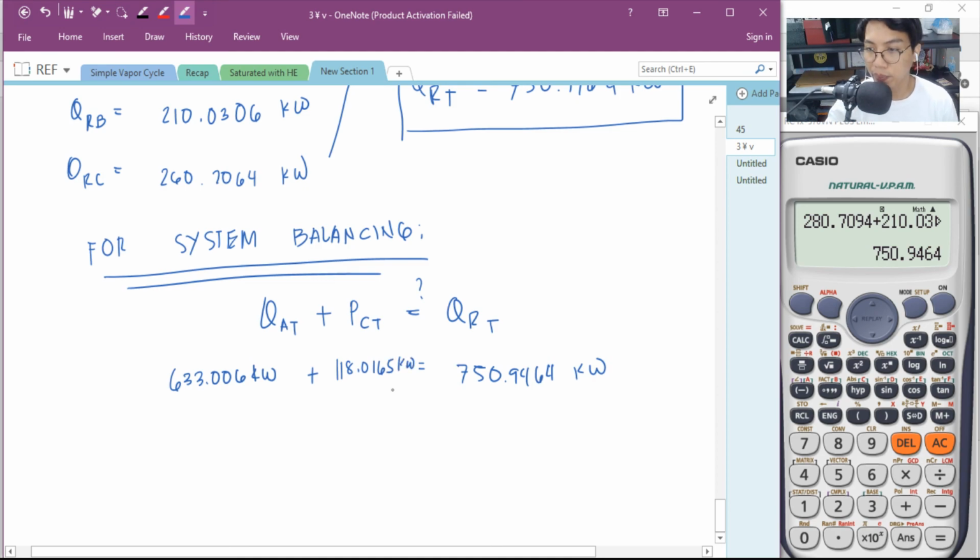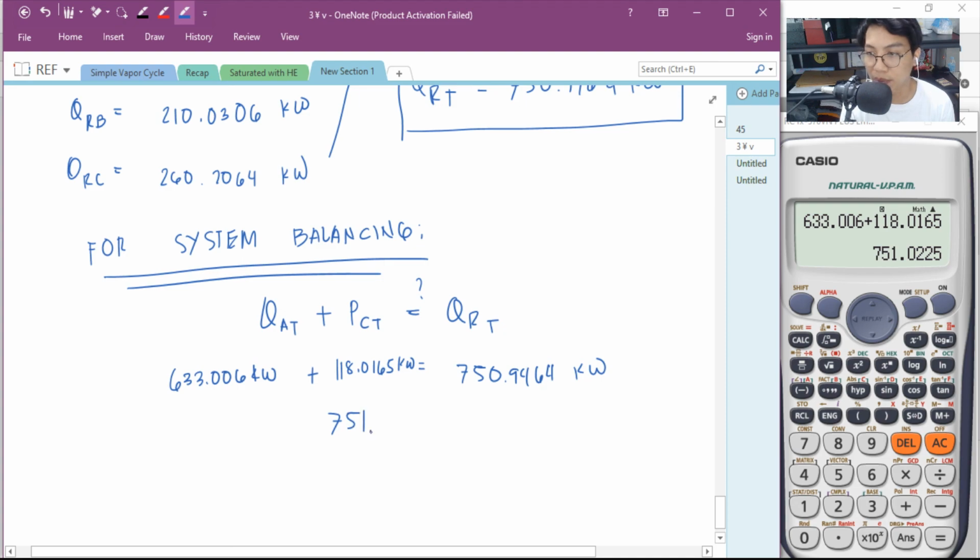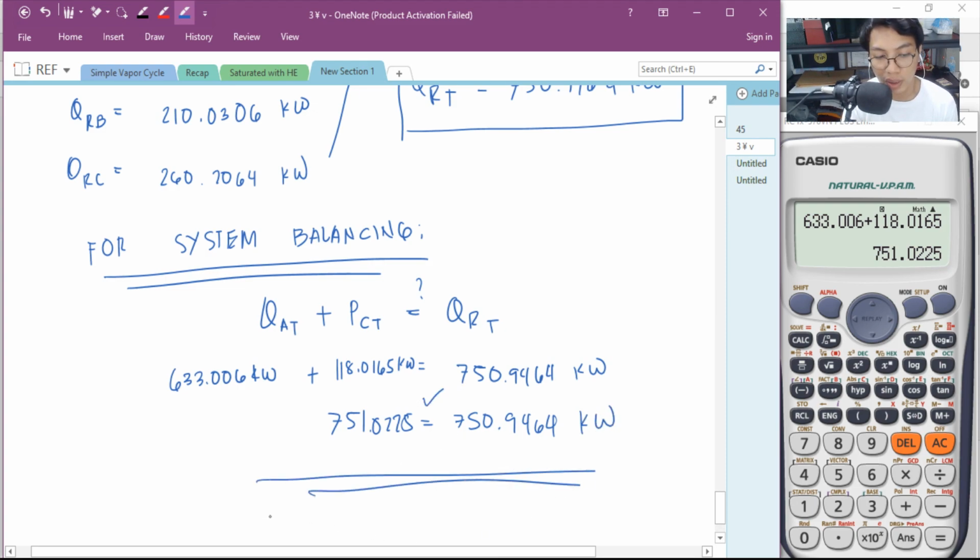Check nga natin kung mag-equal na 750, more or less. 633.006 plus 118.0165. The answer is, hop, 751.0225. 750.9464 kilowatt. O, di almost equal. Therefore, this system is balanced.